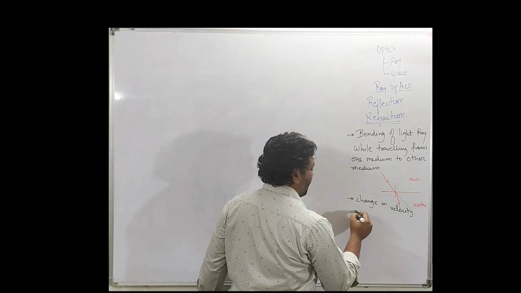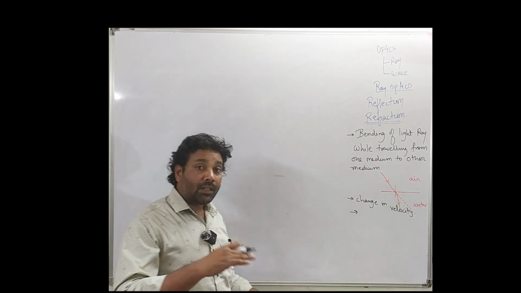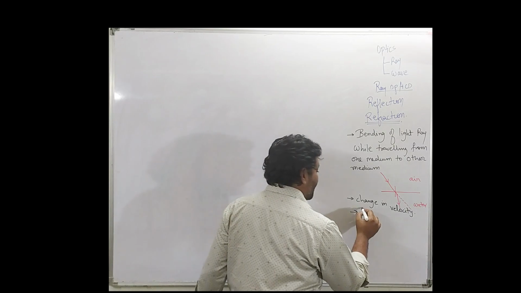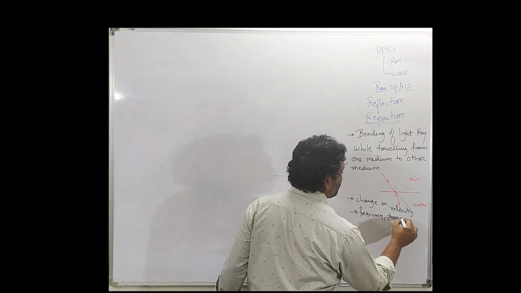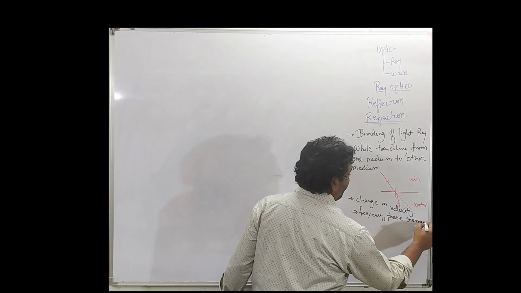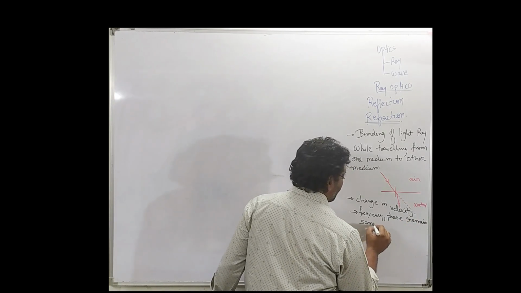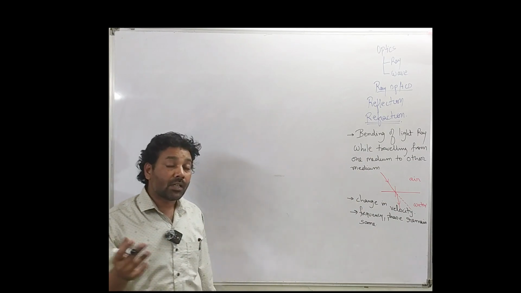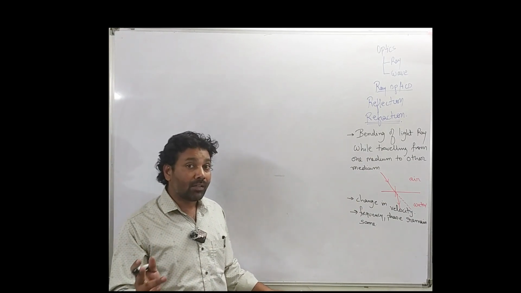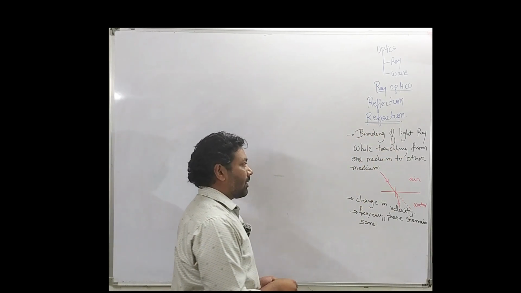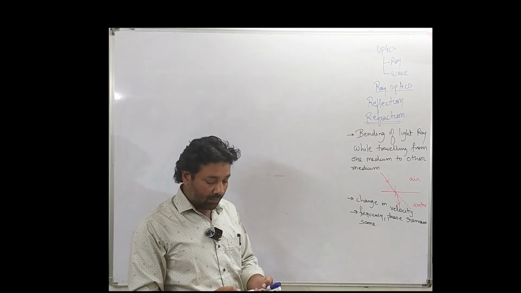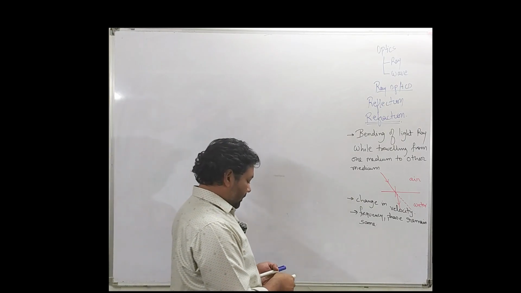When the light ray travels from one medium to another medium, frequency is not going to change, neither is phase. Frequency and phase remain the same. It's only the velocity that changes, and because of velocity the wavelength also changes. So refraction is the bending of the light ray while traveling from one medium to the other.